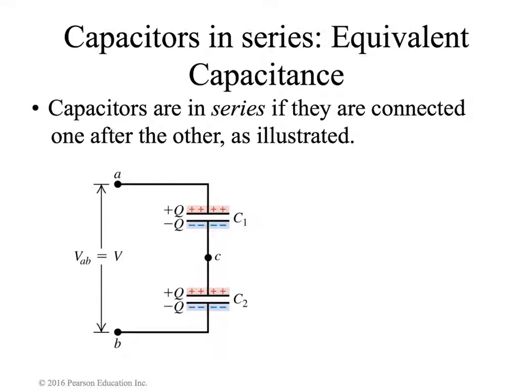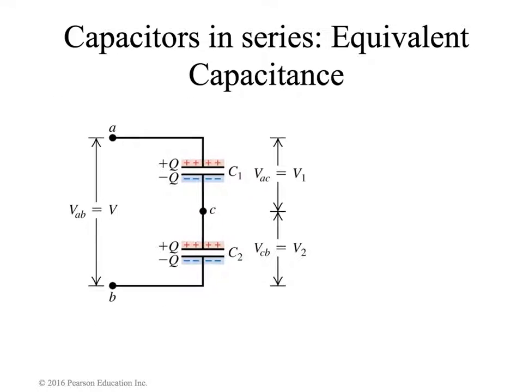Now, because they're connected in series, the other thing that we want to think about is what is the potential difference. Using the idea that C equals Q over V, we can see that V is going to be related to the charge that's accumulated on each capacitor divided by its own capacitance.